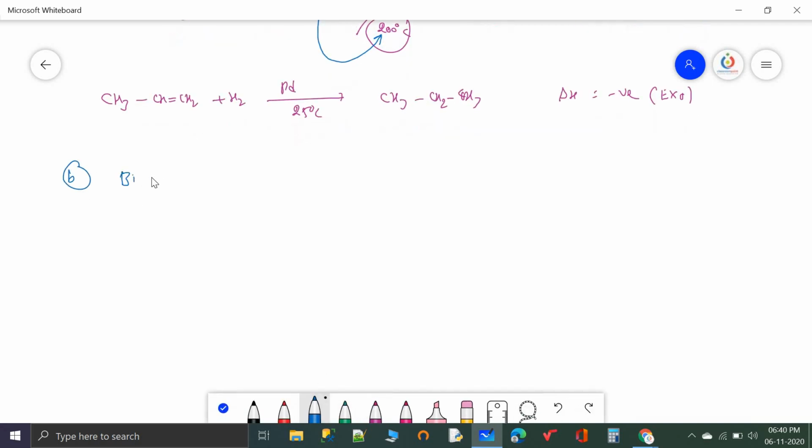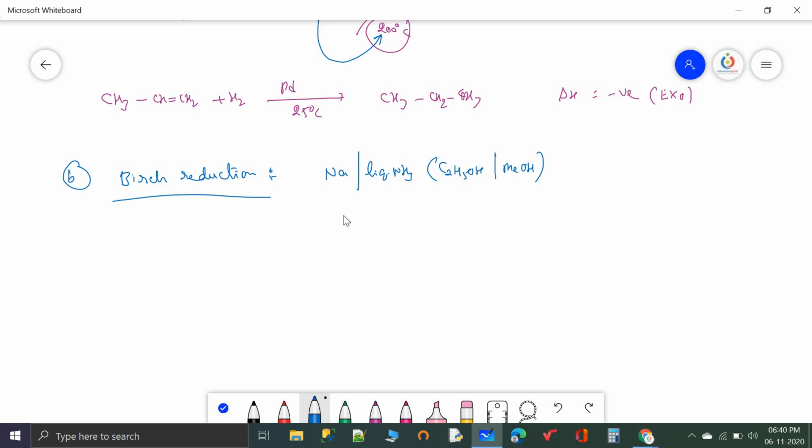That is called Birch reduction. In this Birch reduction, the reagent we use is sodium in liquid ammonia. Yesterday we discussed this one. In the presence of ethyl alcohol or methyl alcohol, alcohol is required because alcohol only gives the hydrogen here.